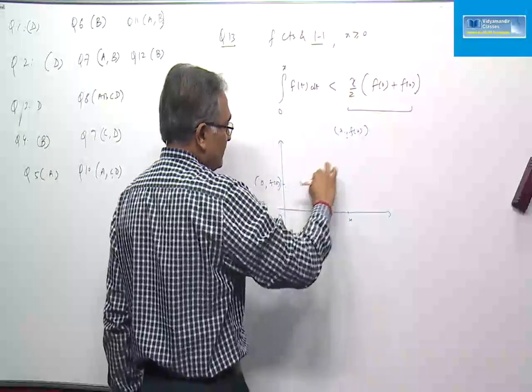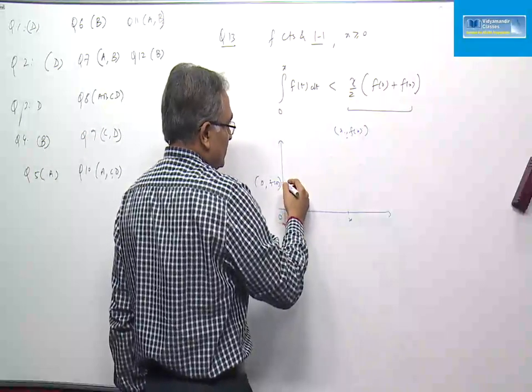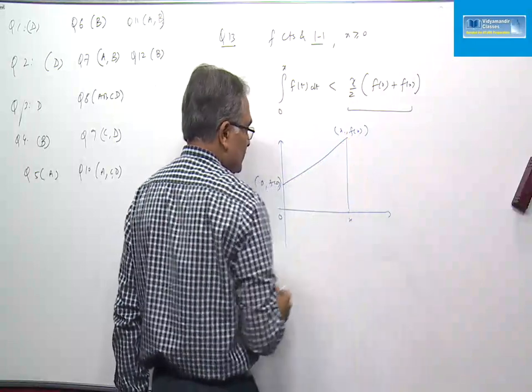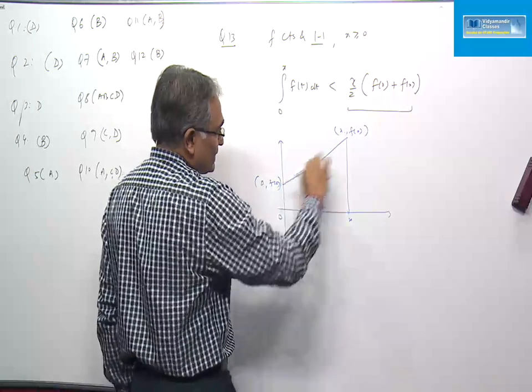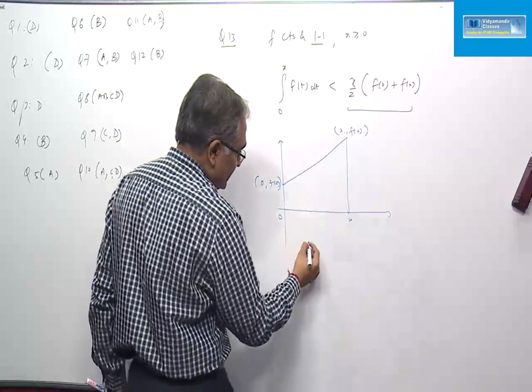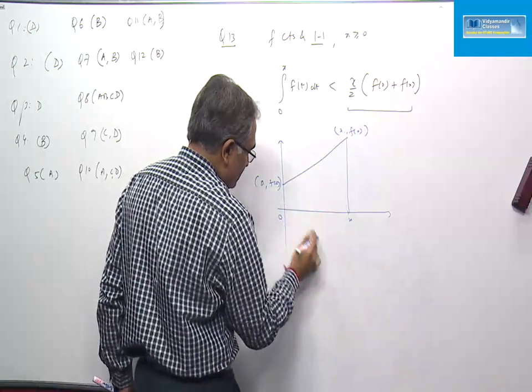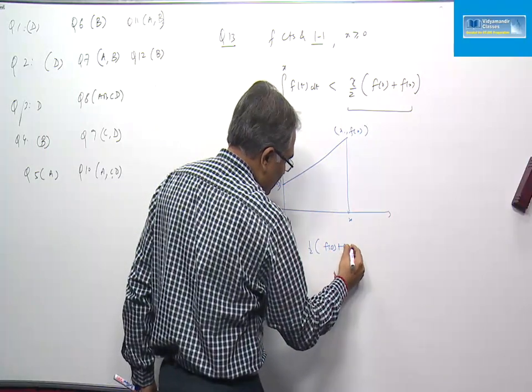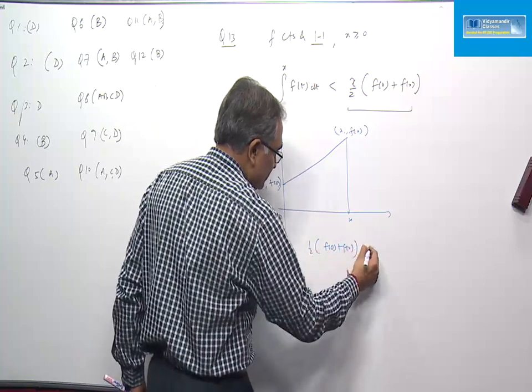If I join these two points, the area bounded by this line with the x-axis is clearly half the sum of the parallel sides, that is f(0) plus f(x), times the distance between these two, that is x, which is the right hand side.